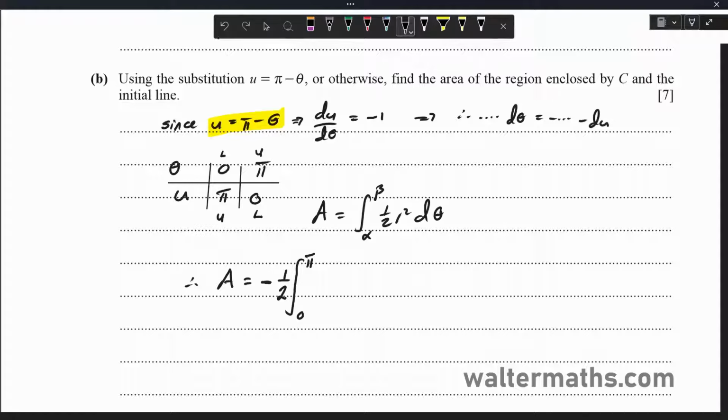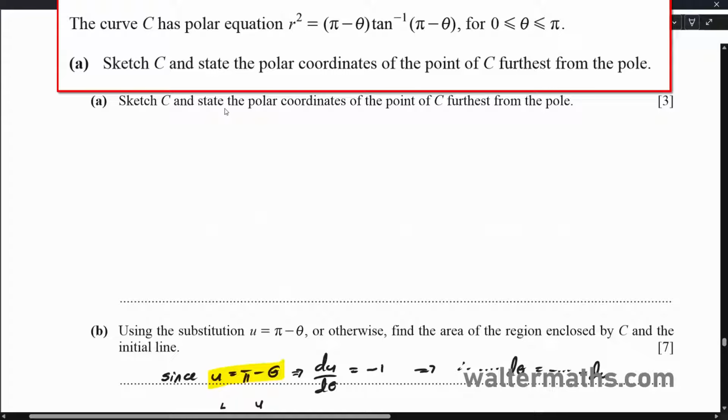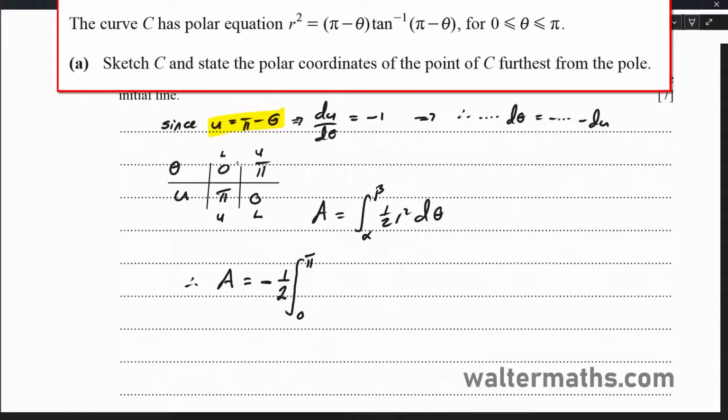Yes, I get it. Then of r squared. Okay, r squared is this. That's pi minus theta of arctan pi minus theta. But we need to substitute u. So if we substitute u for pi minus theta, it becomes u of arctan of u.